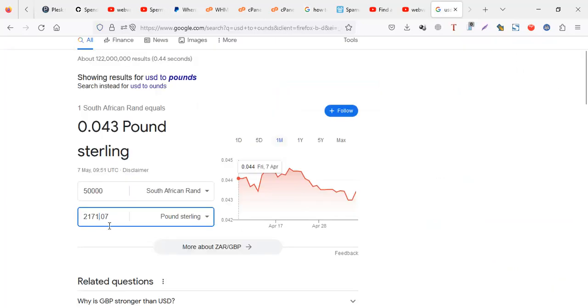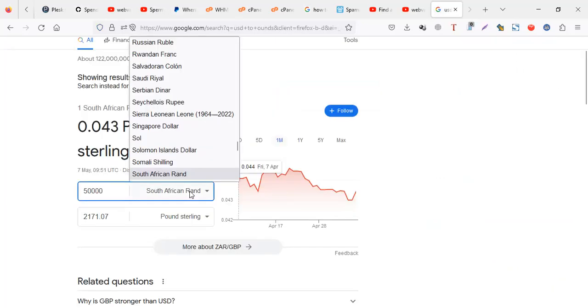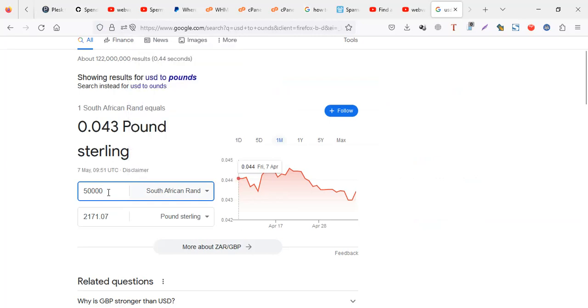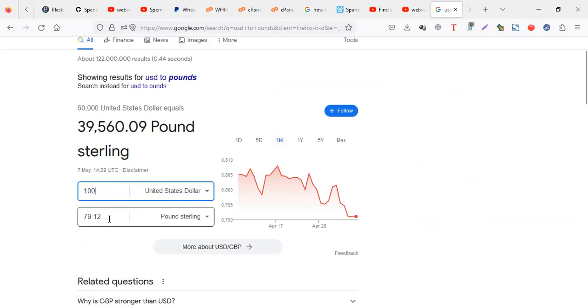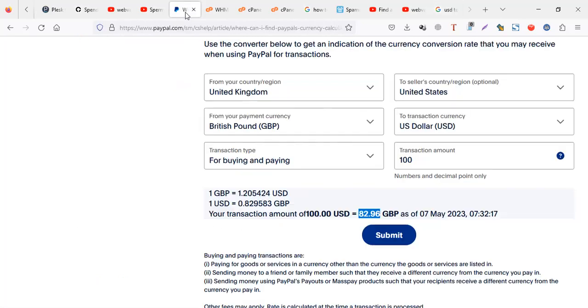If you're paying someone $100, you look for US dollars here. I have to pay around 79, but on PayPal I have to pay $82.96. Remember, this is just a currency conversion. They haven't actually put on their charges.